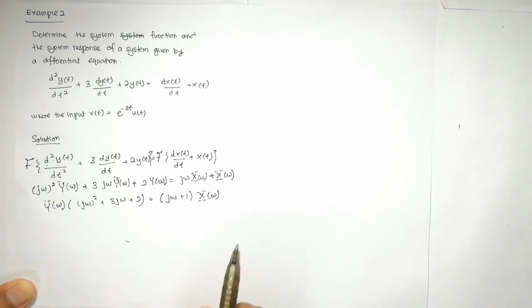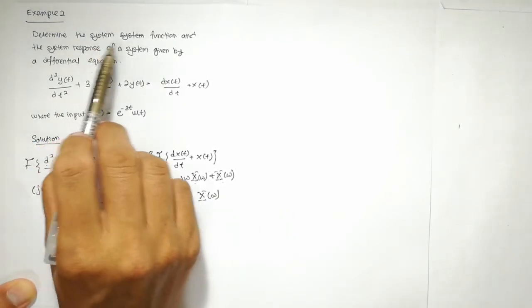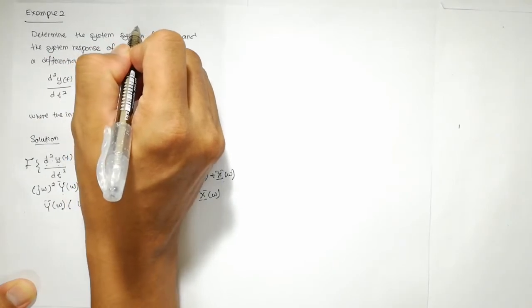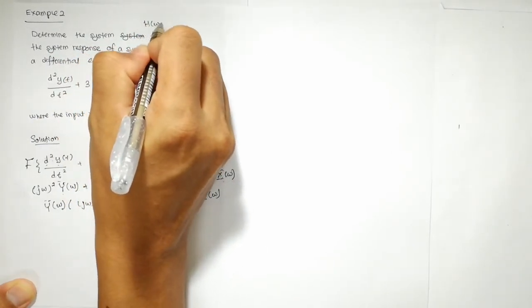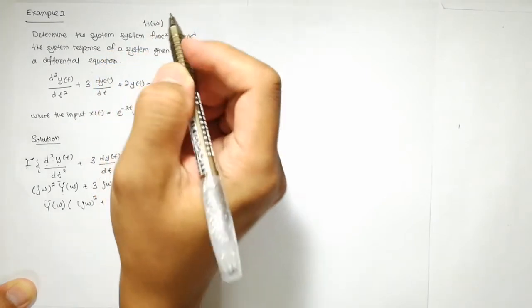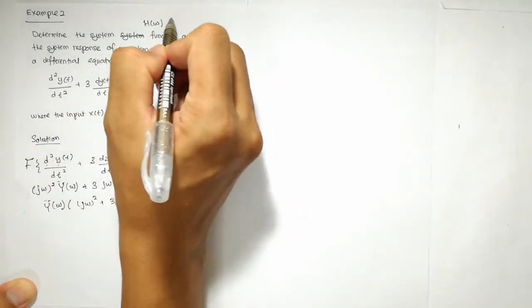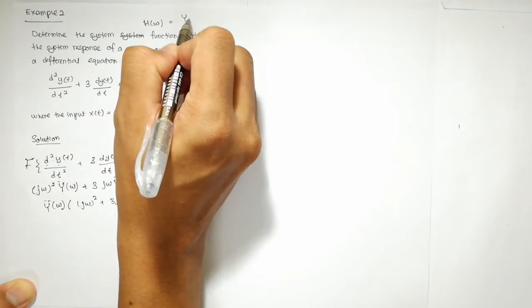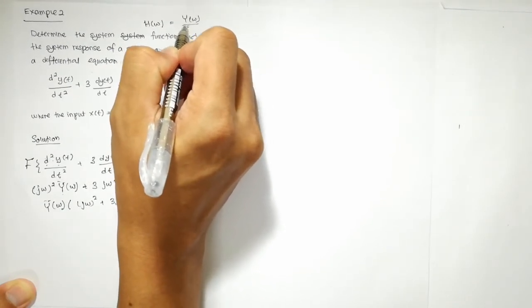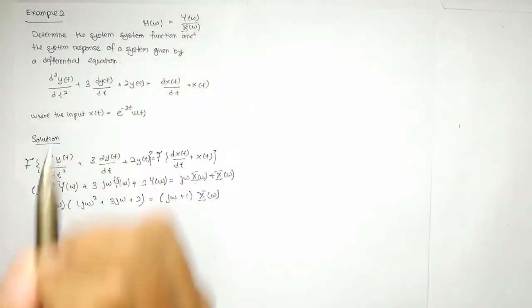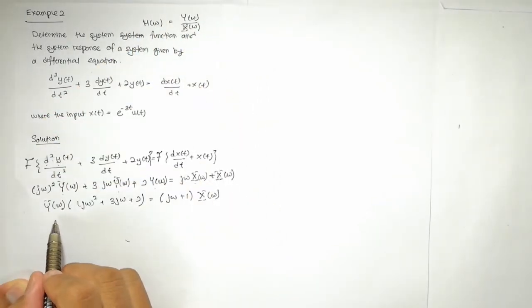To find our system function, we want H omega, which is equal to Y omega divided by X omega.